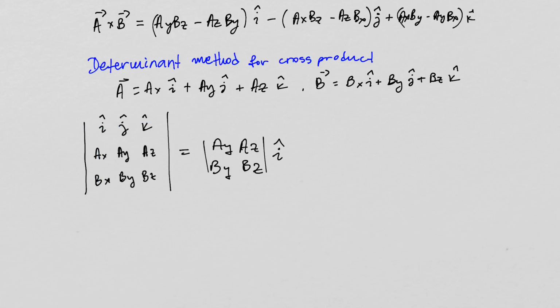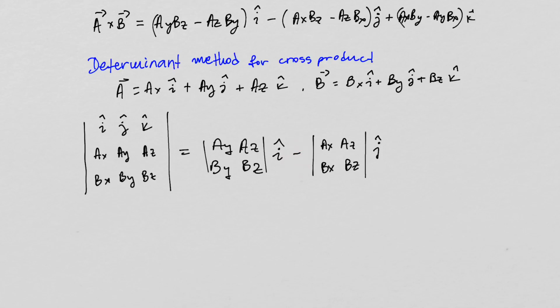So by that rule, if I crossed j, what I'm left with would be ax, az, bx, bz in a 2x2 determinant multiplied by j hat. So let's put it down. It is extremely important to remember that this second term comes with a minus sign.